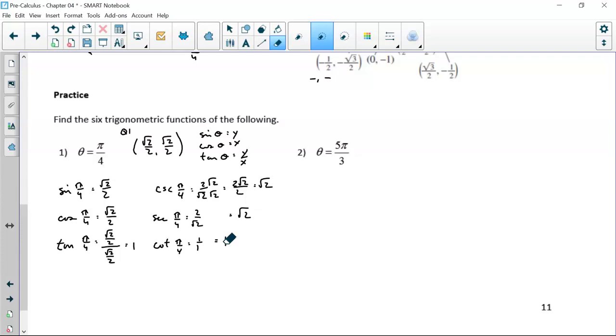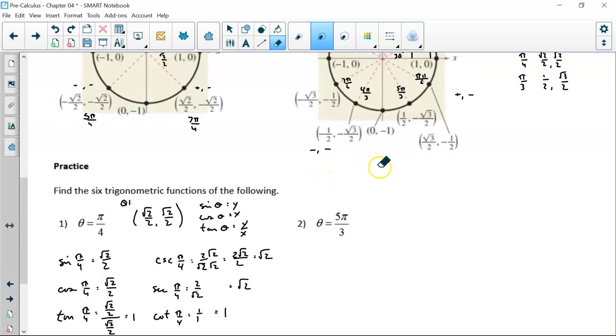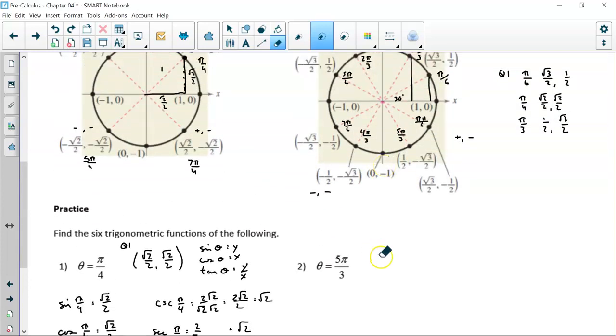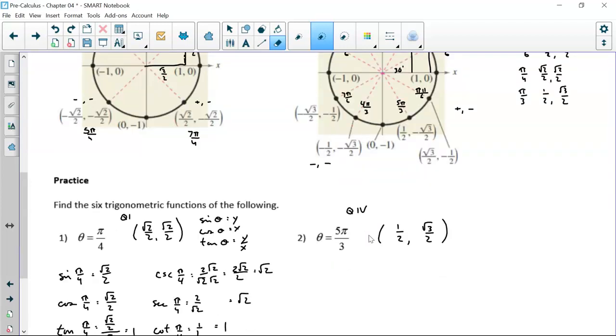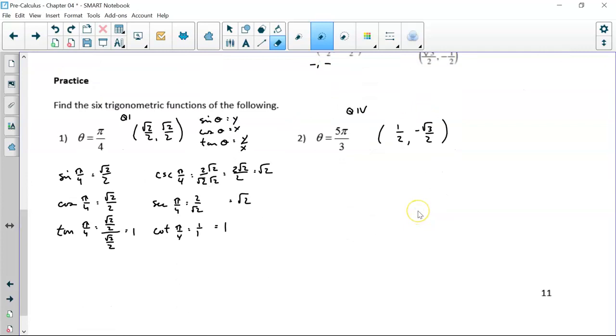For the second one, 5 pi over 3. So we know when we have a pi over 3, it's going to be at a 1/2 and a root 3 over 2. Now, 5 pi over 3, that's going to be in quadrant 4. So I know that it's in quadrant 4. We can see it. That's going to be at a positive and a negative for our y coordinate.